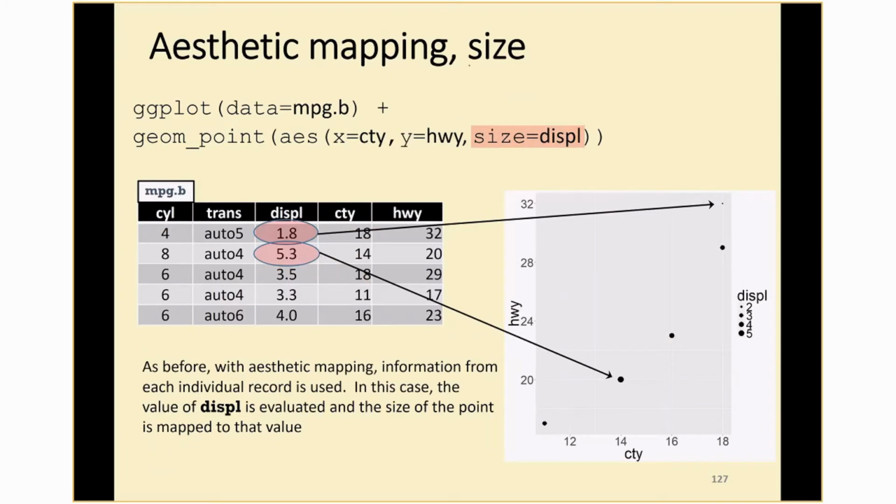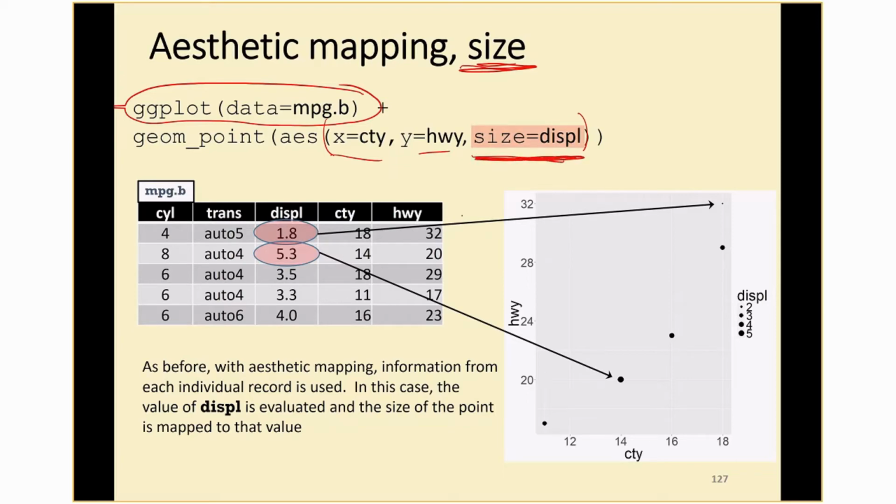I can also aesthetically map size. So, specify a slightly different data frame. Inside of our aesthetic mapping, we're mapping X and Y location on a city and highway mileage, but now we're mapping size onto displacement.